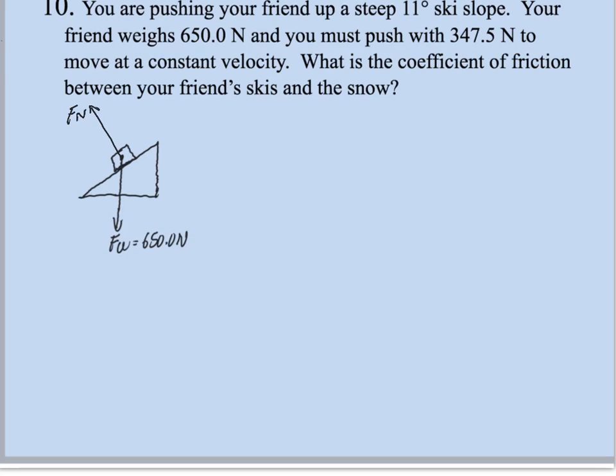So we are applying a force to our friend. Our hands, our arms, our muscles are pushing. So we are applying a force to this object. Which way is that force being applied? Up the hill. So we're going to draw a vector up the hill, and we're going to label it FA, applied force. And they give us the value for that applied force. They say it's 347.5 newtons.